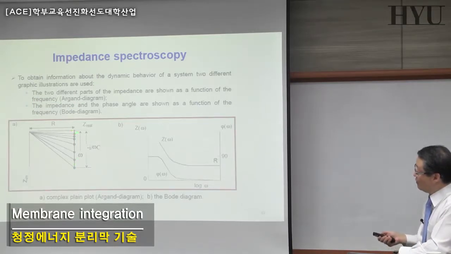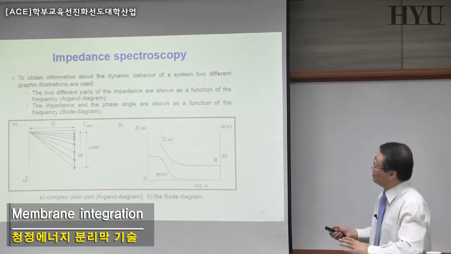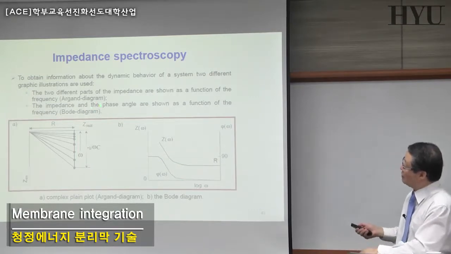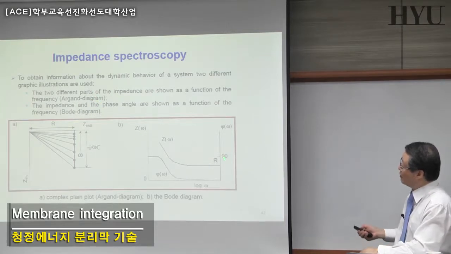So if you have a high frequency or a low frequency, then you have a high or low imaginary part. That is what we call the phase. So if you plot the impedance with the frequency, then we can obtain some of these functions. It is what we call the Nyquist diagram and the Bode diagram.